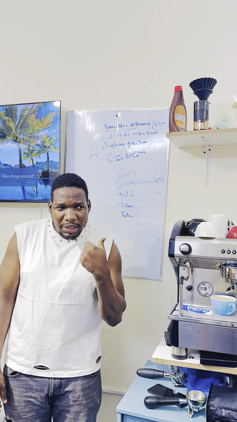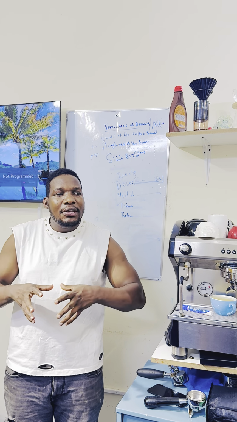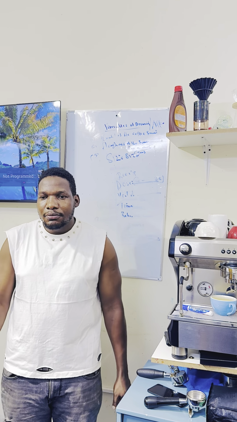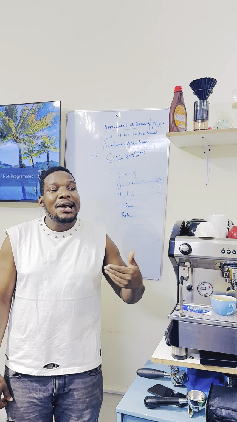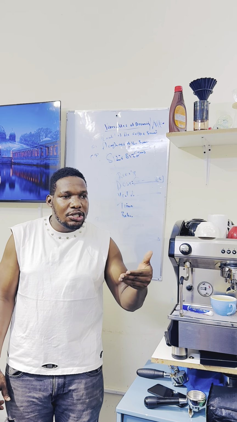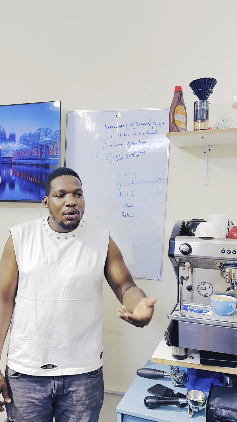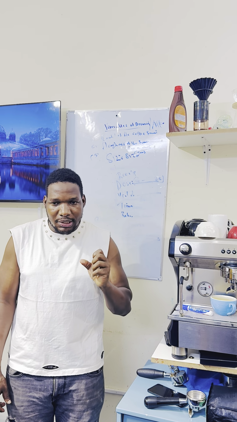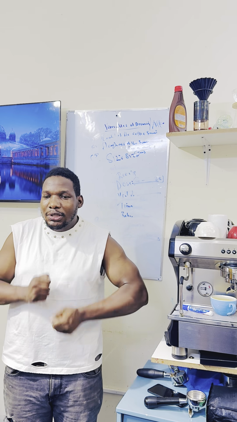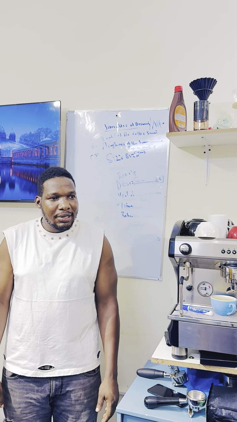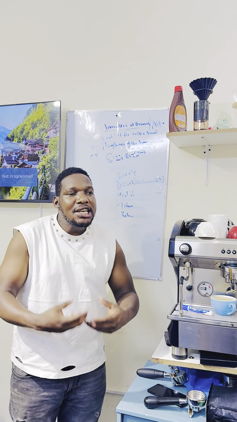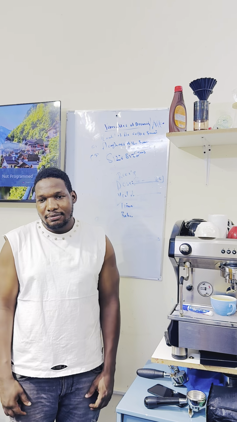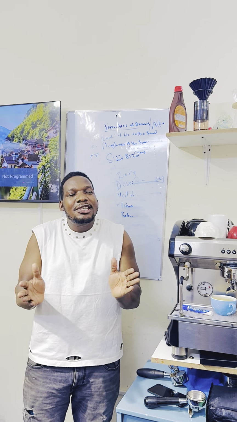Number two, let's go back to the grind size. What happens if the particles are too coarse? Even if you had understood what the basket had to carry, 20 grams, and you dose 20 grams, when those particles are coarser, water will just run. However much you tamp, it will still run, because there is no resistance.